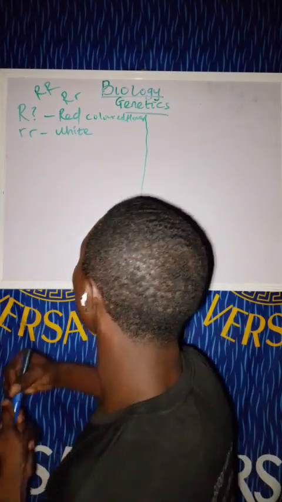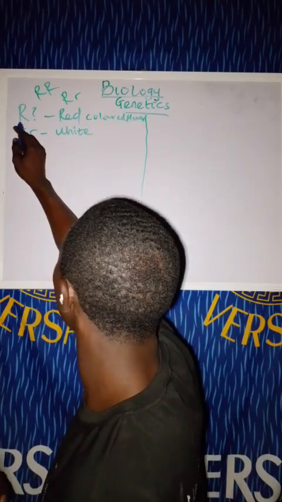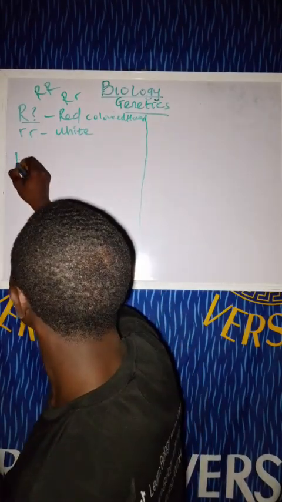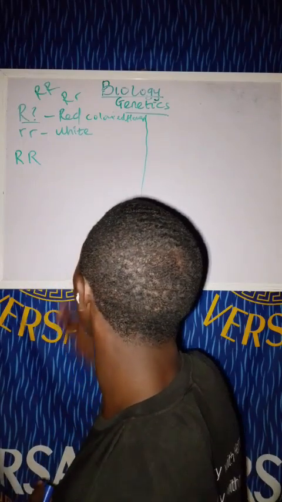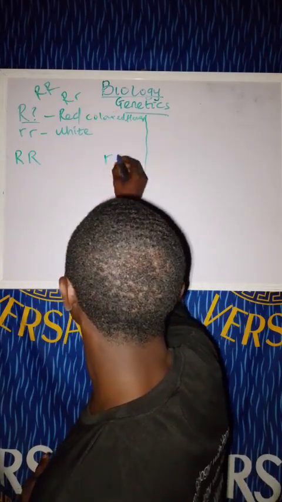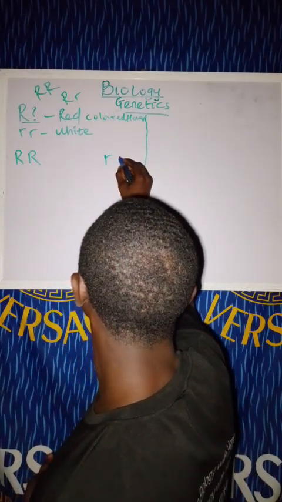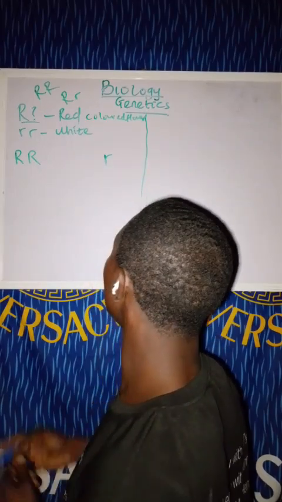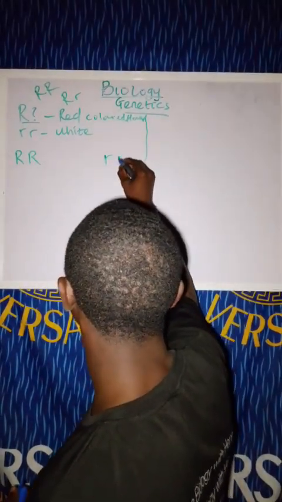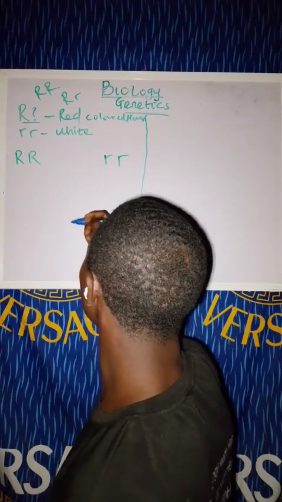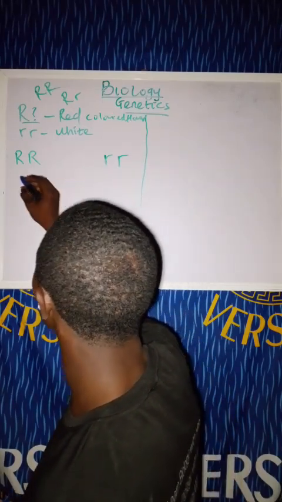In this case, let's assume this organism whose genotype is unknown is homozygous, that is, has the same allele, capital letter R, and it was crossed with a plant that expresses the homozygous recessive trait, which is white, small letter r, small letter r. For genetic crossing to take place, there is need for gamete production.